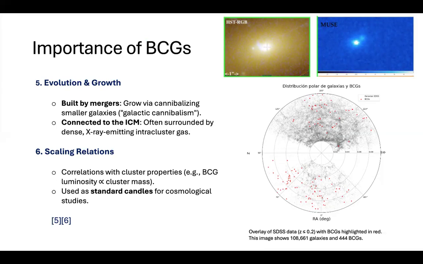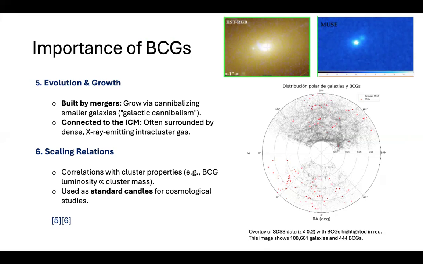Here at the right, you can see a plot that we made using data from the literature and also data from the Sloan Digital Sky Survey up to redshift 0.2.